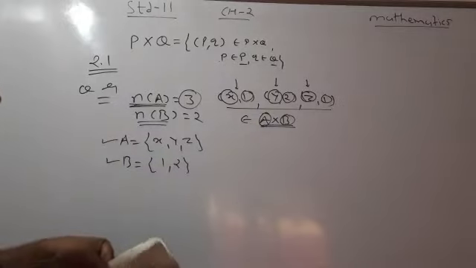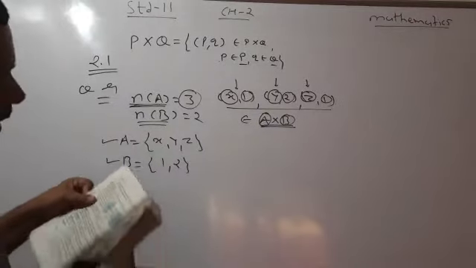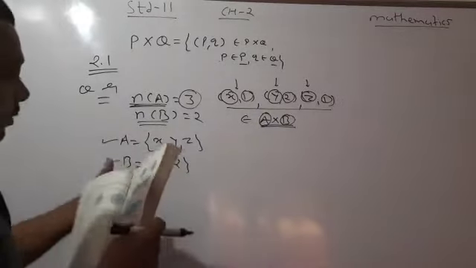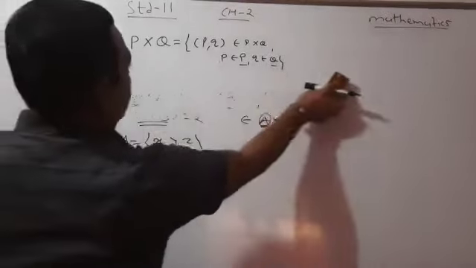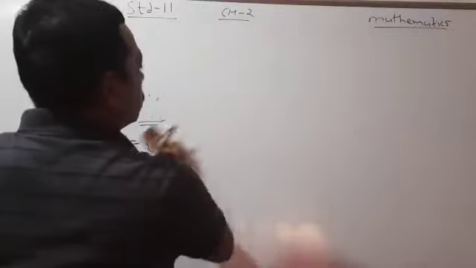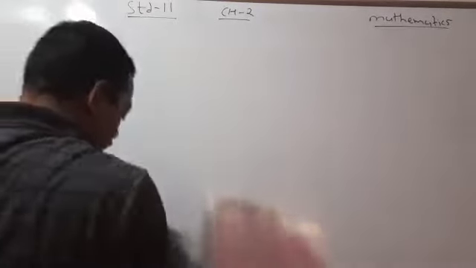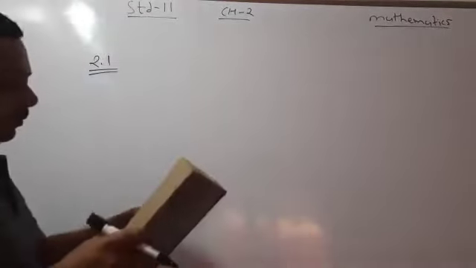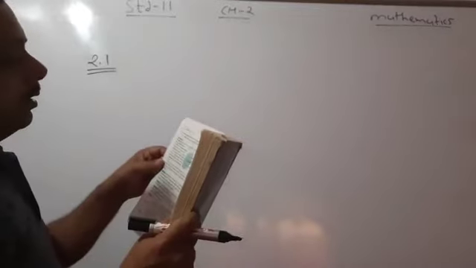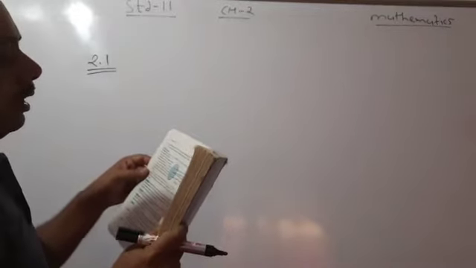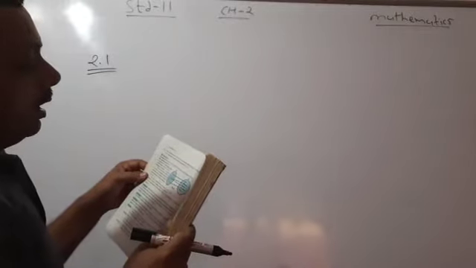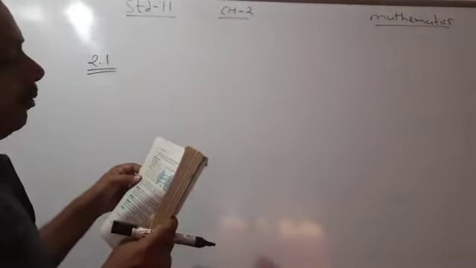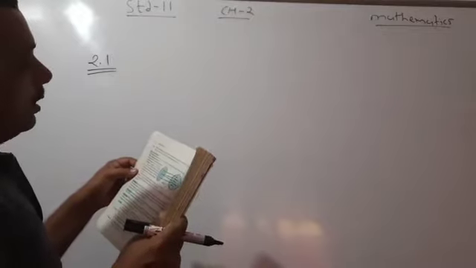Now the next question. Question number 10. In question number 10, it is given that the Cartesian product A cross A has 9 elements, among which are found (-1, 0) and (0, 1).